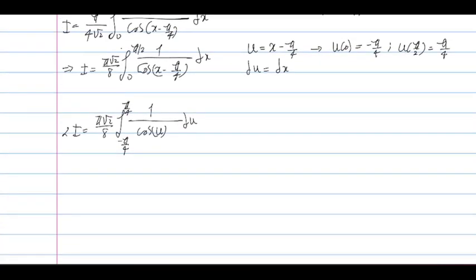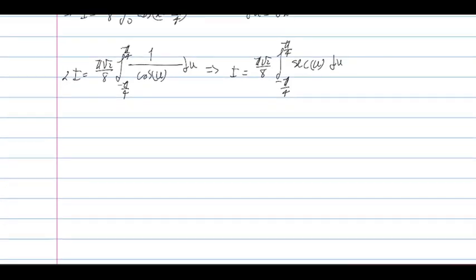So this is really easy to integrate. It's pi root 2 over 8, the integration from negative pi over 4 to pi over 4 of secant of u du. And of course we know that the integration of secant is equal to ln of secant of x plus tangent of x.